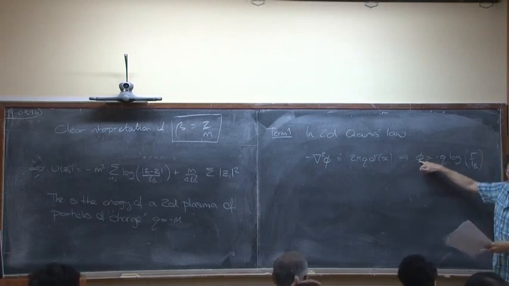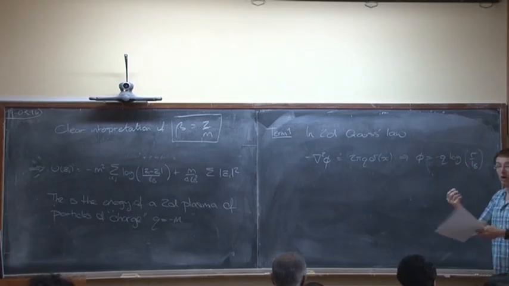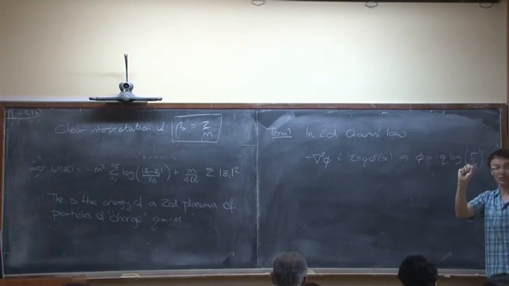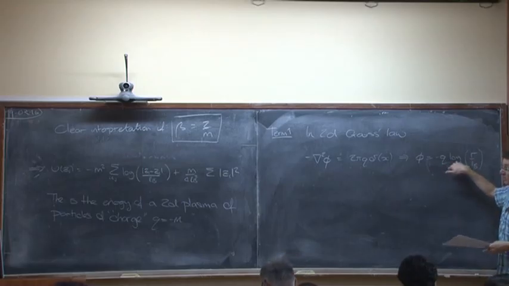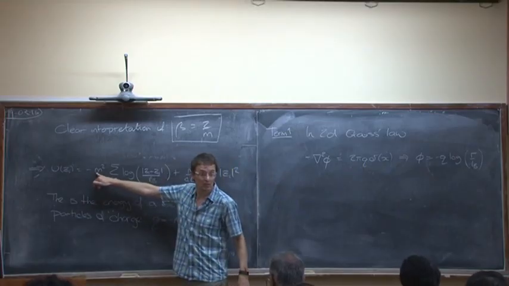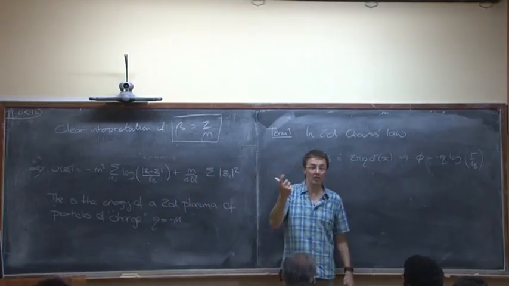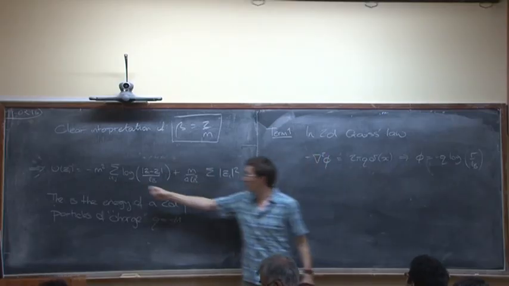This is the electrostatic potential for a particle of charge q. The energy of 2 particles, both of charge q, is just going to be q squared times log. That's exactly what we have here. Q is n. So what we've got here is the electrostatic energy summing over pairs of particles, where each particle has charge.